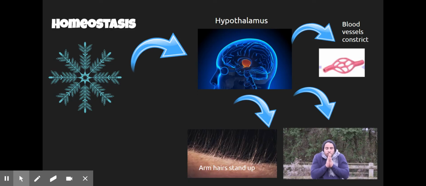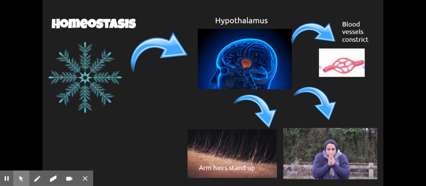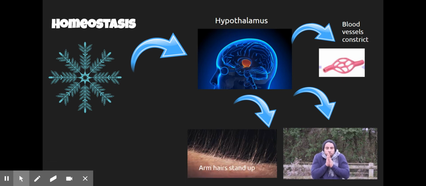And then what happens is the muscles contract and they start shivering so that you can produce heat. The body hairs also stand up so that they can try to keep the heat in. And then lastly, the blood vessels constrict or tighten in order to reduce or decrease blood flow to the skin. And that helps to stop heat from being lost from the body.